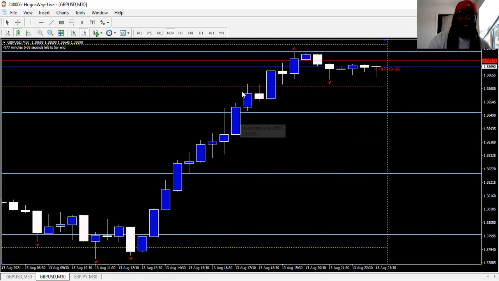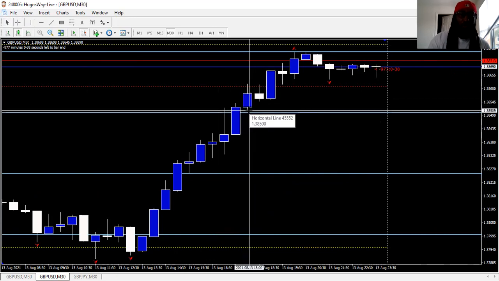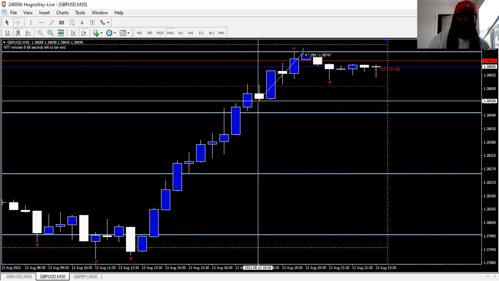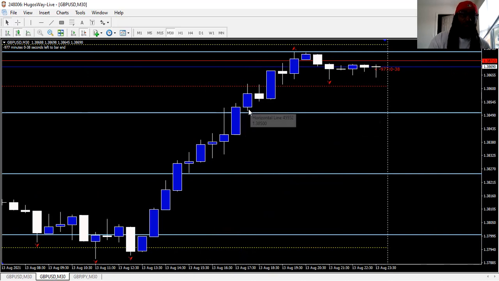It came, broke, retested, all right, take the trade. You got that retest, take the trade. Another 25 pips. And it's on Friday. This thing cleared 1, 2, 3 zones. That was a 75 pip move. 75 pips, you guys.